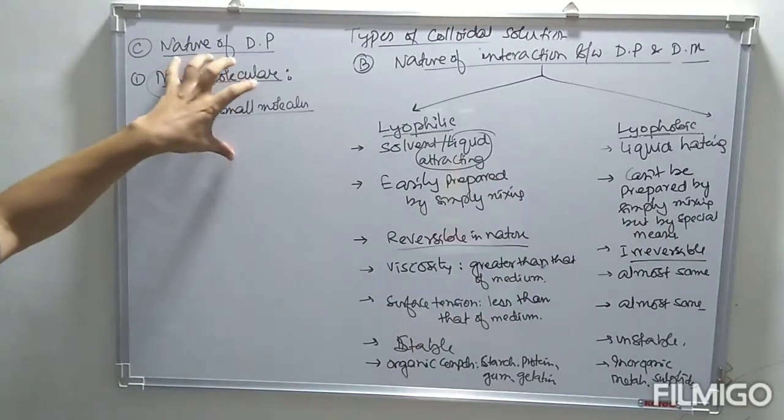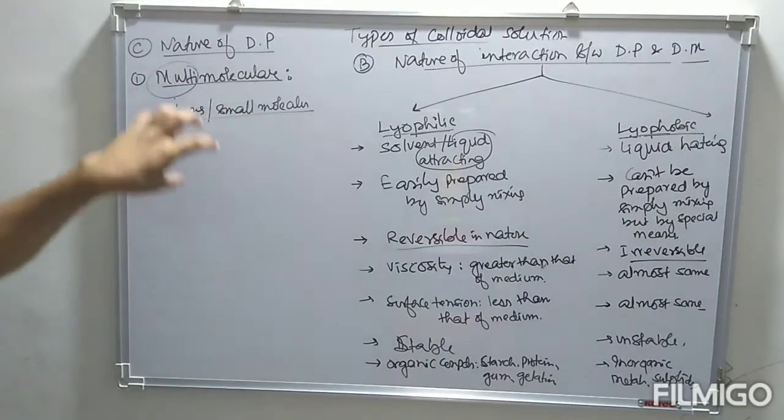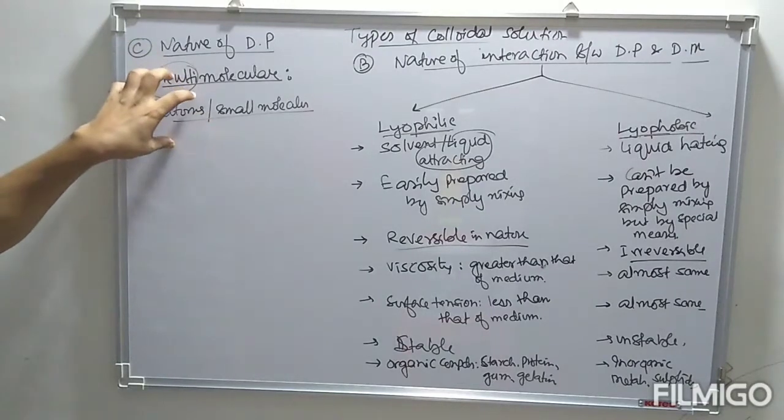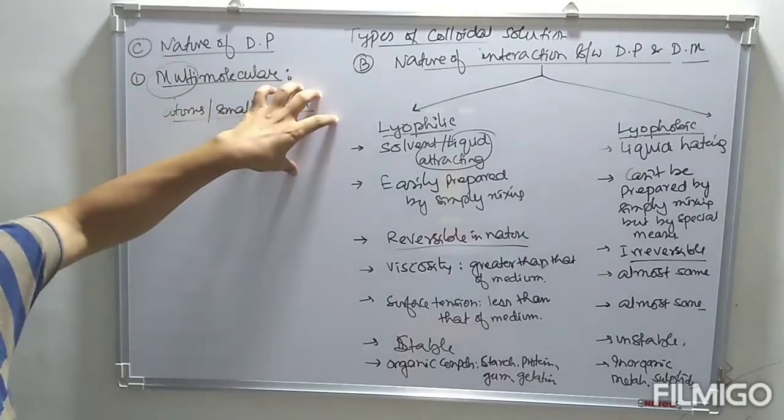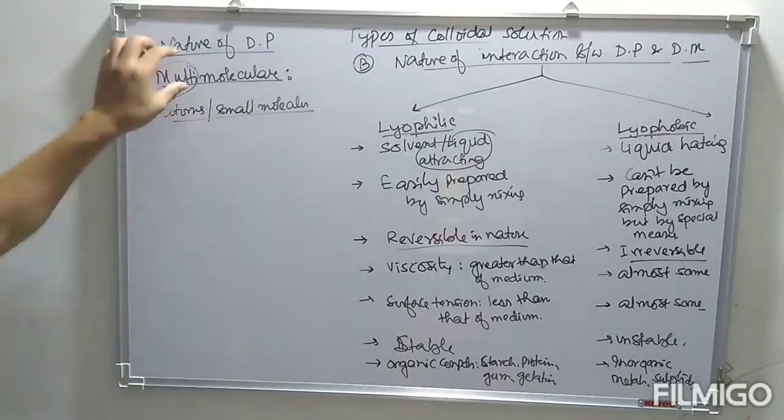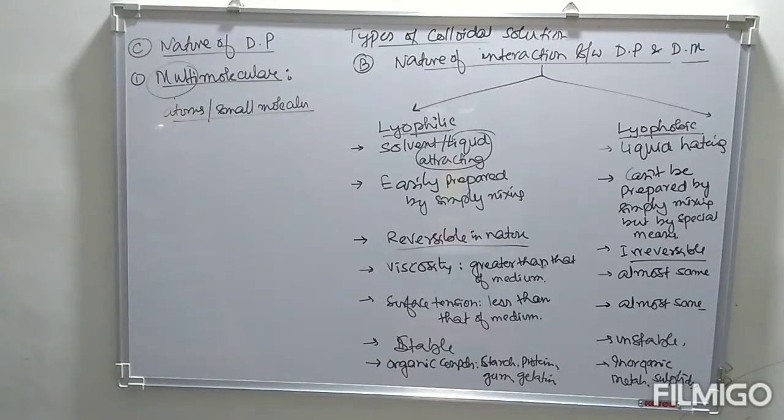So this type of colloidal solution formed by atoms or small molecules is known as multimolecular colloidal solution.